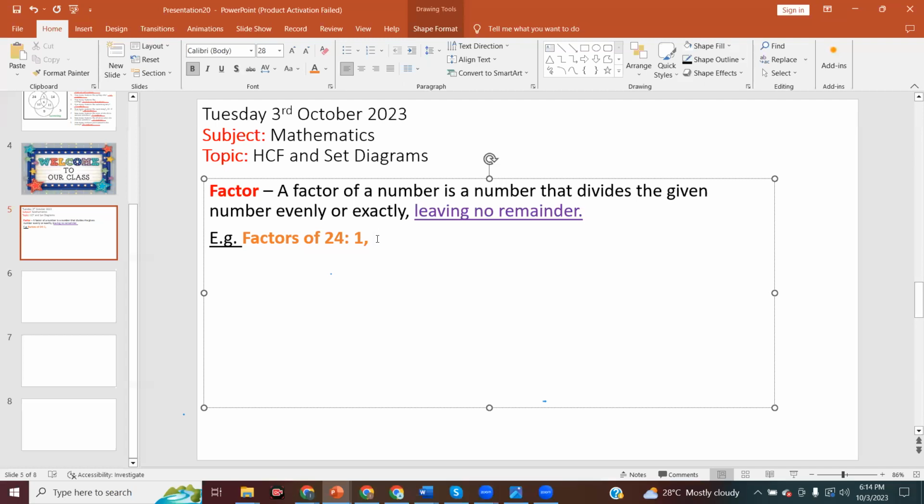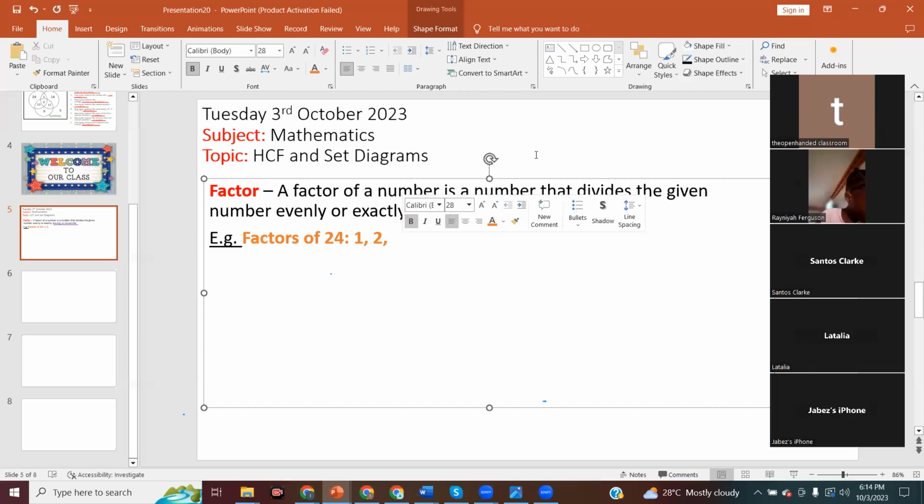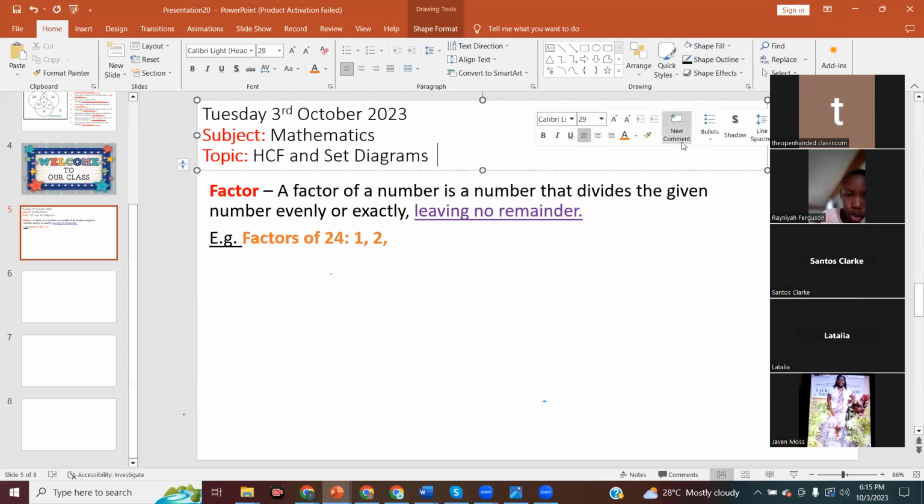So what we do is we ask ourselves, can 1 go into 24? What times 1 is 24? 24. Okay, 2 could go into 24. What times 2 is 24? 12. Good.